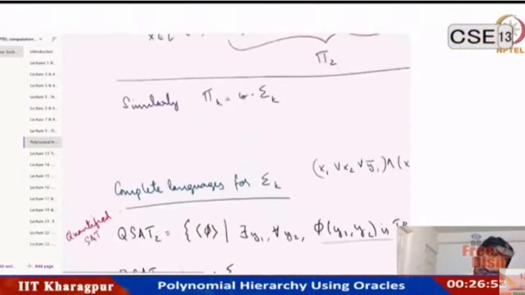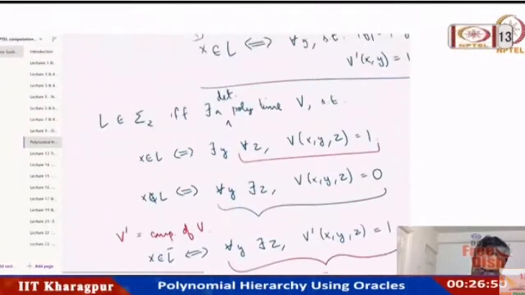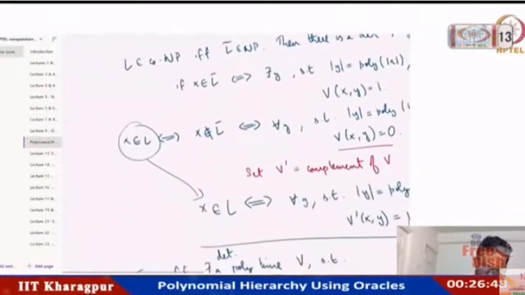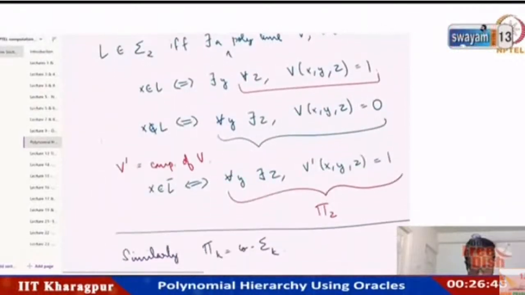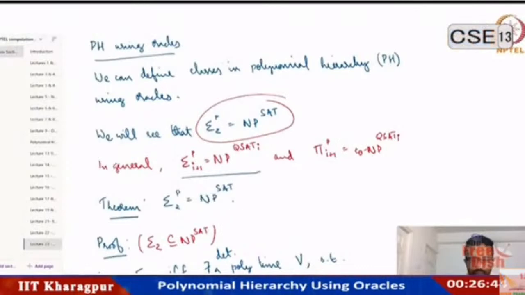Similarly, I think I defined QSAT I to be similar to QSAT 2, and QSAT I is a complete problem for the class sigma I. So sigma I plus 1 is NP with access to a QSAT I oracle.